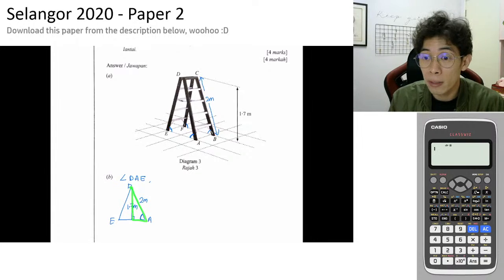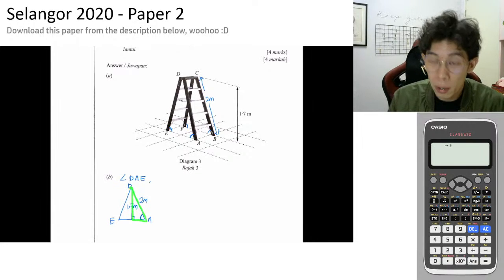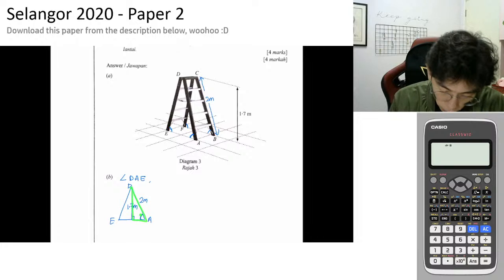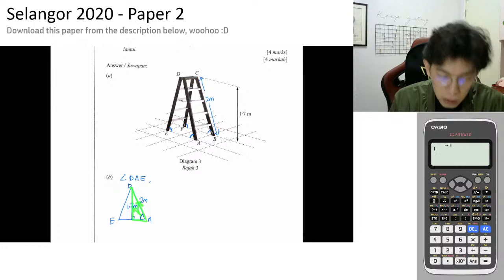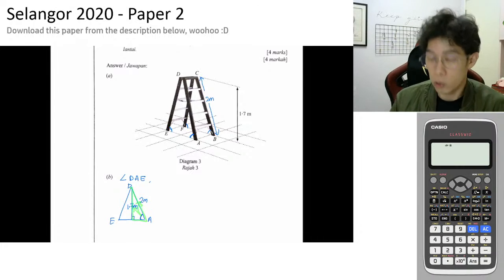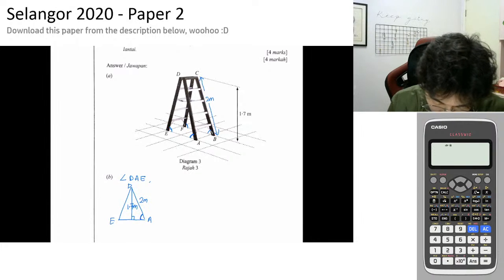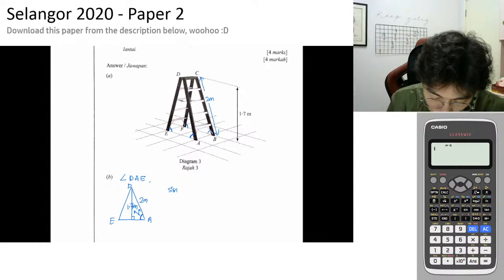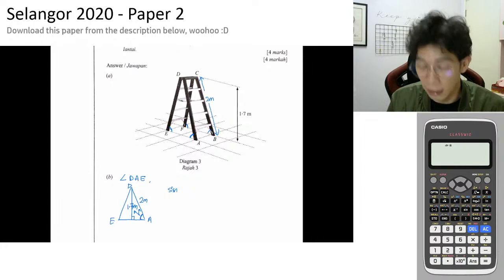Okay, so I'm going to do opposite over hypotenuse. So it will be sine. Sine, don't write theta please, because you put the angle there already, right?